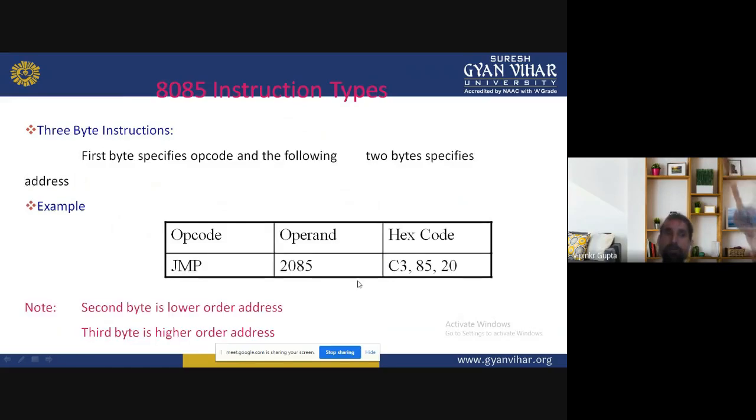3 byte instruction. In a 3 byte instruction, an address is available, because in 8085, as we know, the address is 16 bit. 16 bit means 2 bytes and 1 byte is the opcode. So the total length of the instruction is 3 bytes. When that type of instruction comes, these are 3 byte instruction sets.